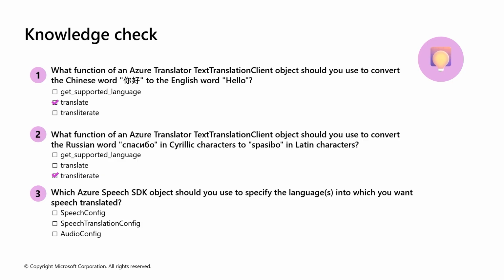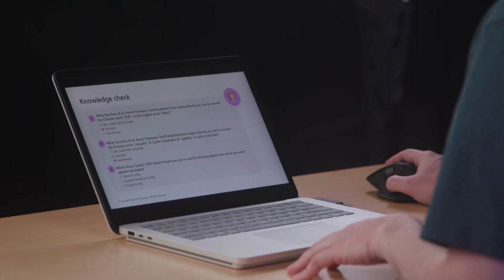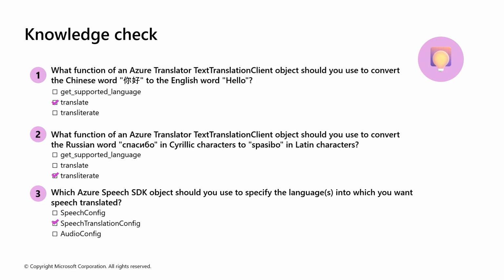And that's going to be the transliterate option. And then finally, which Azure Speech SDK object should you use to specify the languages in which you wanted speech translated? Right, and that's the speech translation config.